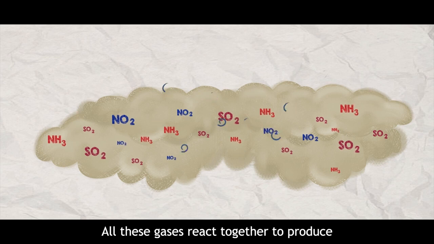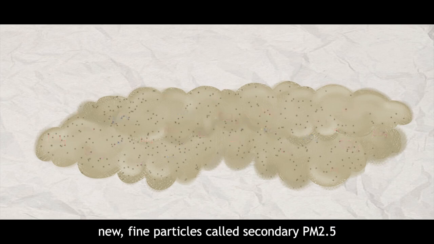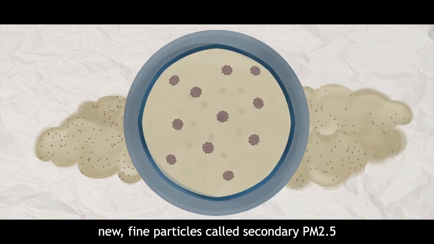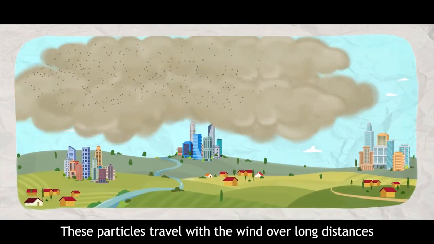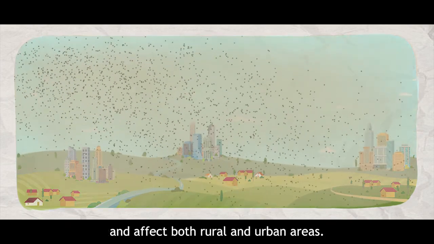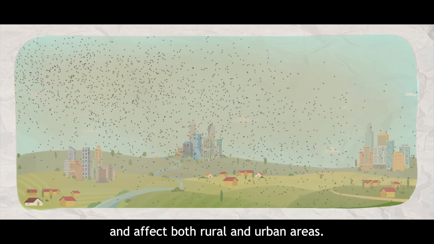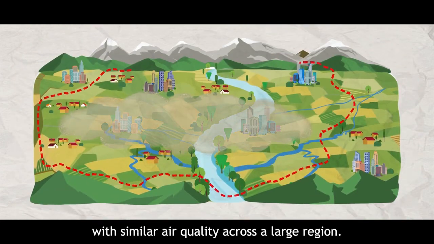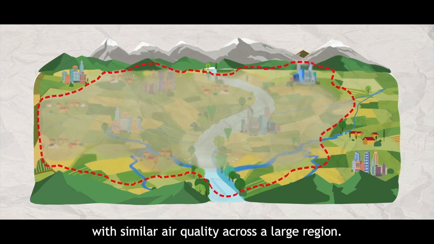All these gases react together to produce new, fine particles called secondary PM 2.5. These particles travel with the wind over long distances and affect both rural and urban areas. This exchange of pollution creates airsheds with similar air quality across a large region.